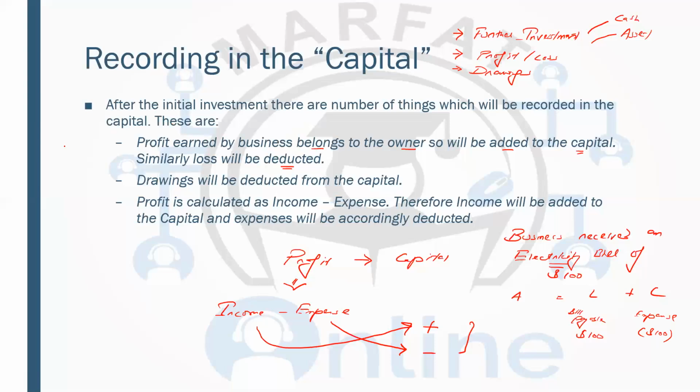Similarly, what if I say the business received interest income, $200 on a deposit account.